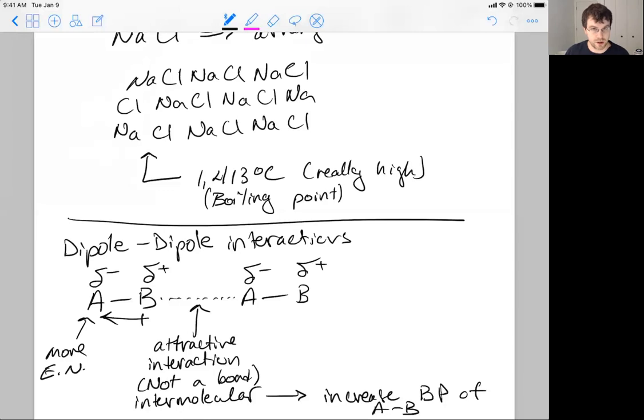You could start with methanol and show that it is lower than ethanol and lower than propanol, and so on and so forth. More carbons increases the boiling point. Now, what you notice is if you compare methanol to methane, methanol's boiling point is much higher because it has an OH and has an opportunity to do another type of attractive interaction, which is a dipole-dipole interaction.